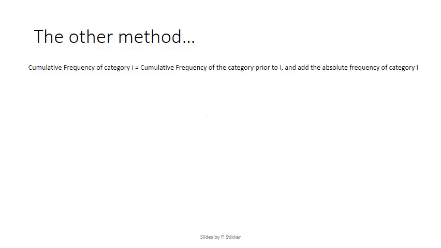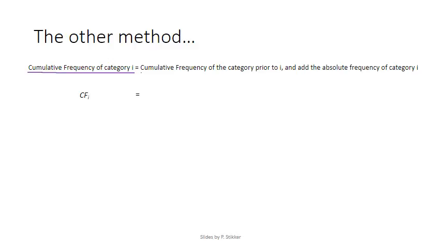Now, there was also an alternative method, which we saw in the segment where we discussed the cumulative frequencies in general. Again, we can substitute cumulative frequency of category I by CFI. The equal sign, of course, stays the equal sign.